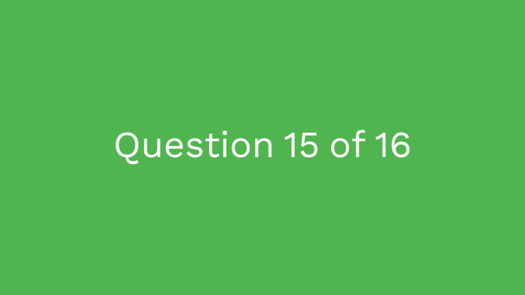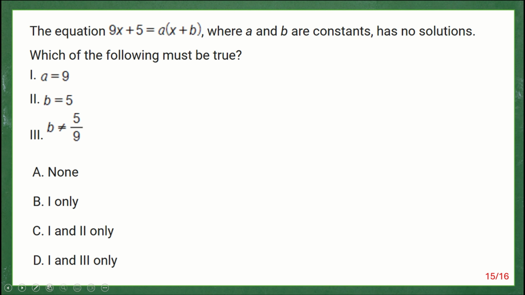Okay, now let's see question number 15. We are given an equation that 9x plus 5 is equal to a times x plus b, where a and b are constants, and has no solutions.